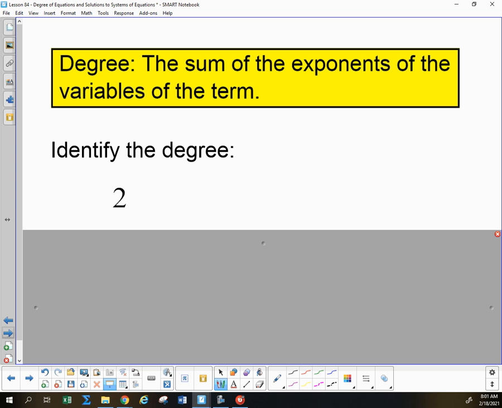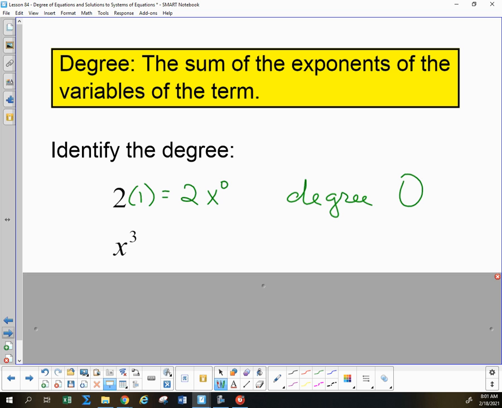No variables means the degree is 0. You could think about that as, oh, 2 is really 2 times 1, and anything to the 0 is 1, so that's also equivalent to 2x to the 0, so that it is still the exponent on the variable. But usually easier to just say, oh, no variable, degree is 0.